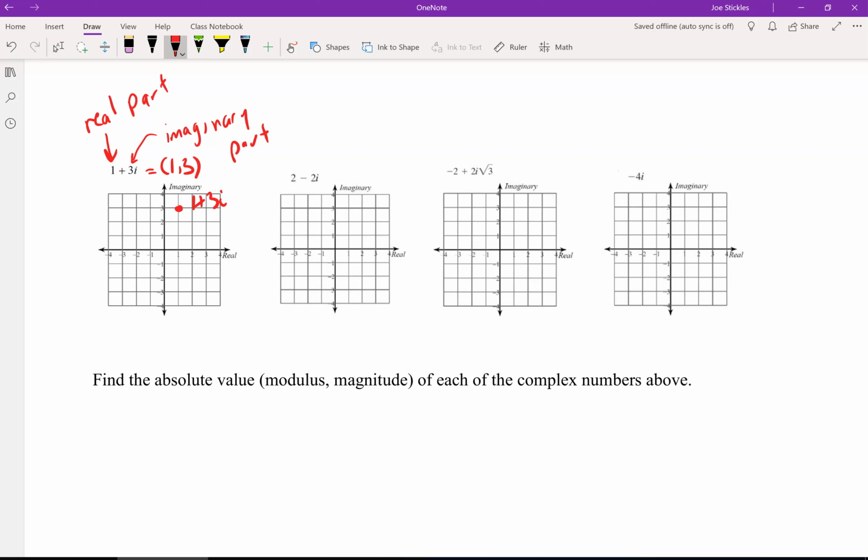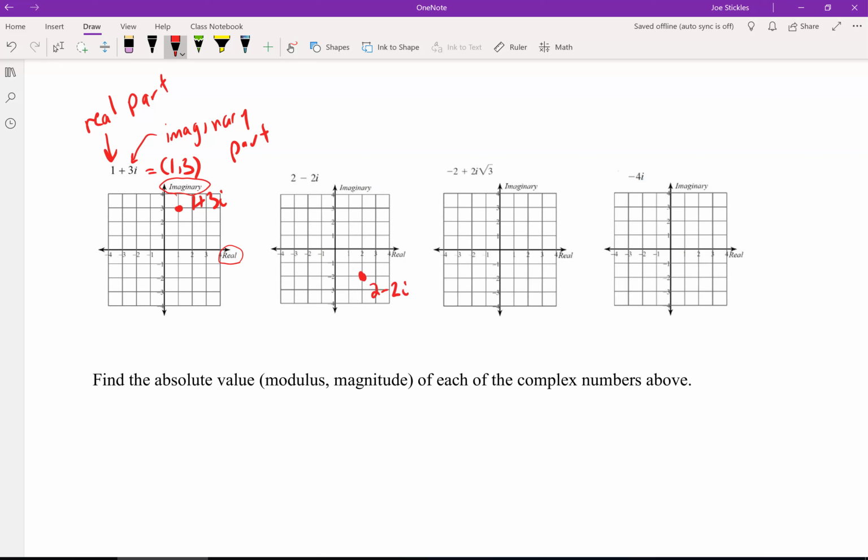Not too bad. You use the real part for your x, which is why we've got it labeled as the real axis here. And you use the imaginary part for the y, which is why I have the imaginary axis here. If you just remember to treat the real part as x, imaginary part as y, plotting these things is not that big of a deal. So here, if I've got 2 minus 2i, the real part is 2, so I would go right 2. And the imaginary part is -2, so I would go down to -2.